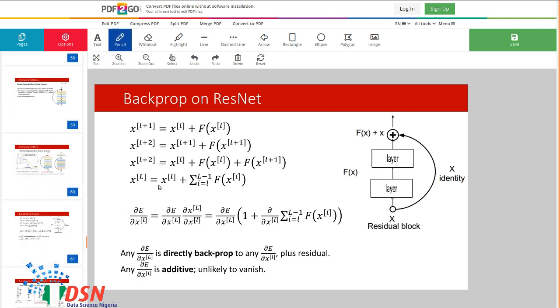Okay, so let's say we have a layer in the neural network. We know that we have this relation between the input of a layer and the output of the next layer.